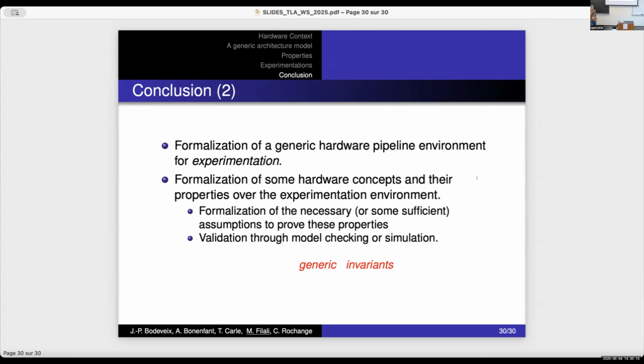Okay, more questions? Andrew has one. I saw you were using the Unicode symbols for TLA+. Do you use them during development, or did you just transform them for this presentation? No, sorry.